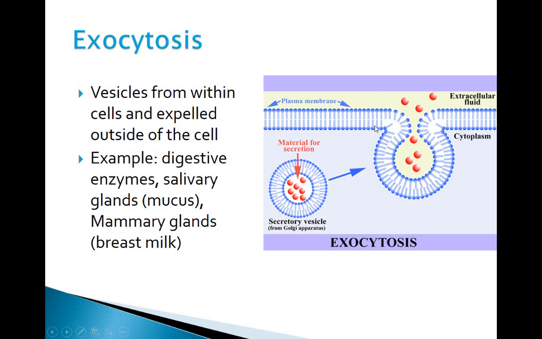Examples of this would be your digestive enzymes within your intestinal tract, your pancreas, your salivary glands. This is how your saliva is released in your mouth. Also mammary glands for females that are pregnant and breastfeeding. This could be breast milk, and this is how the breast milk is released as well.